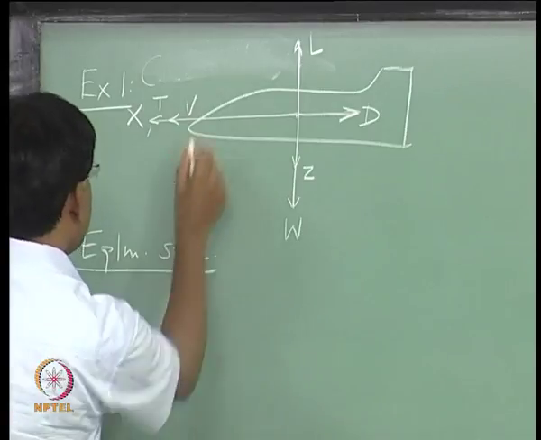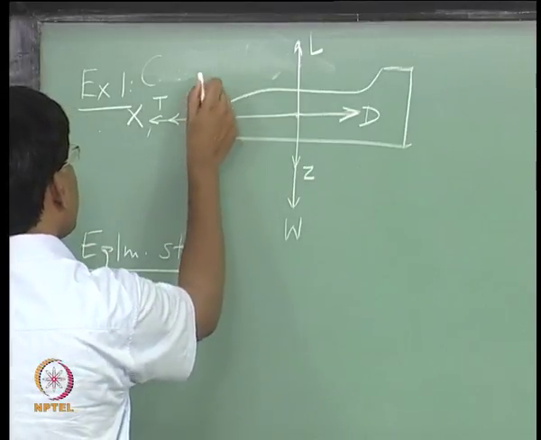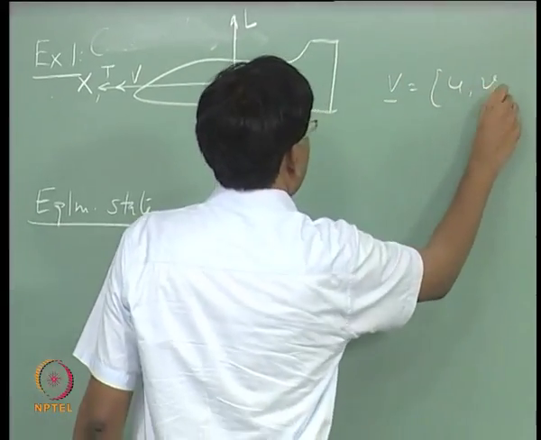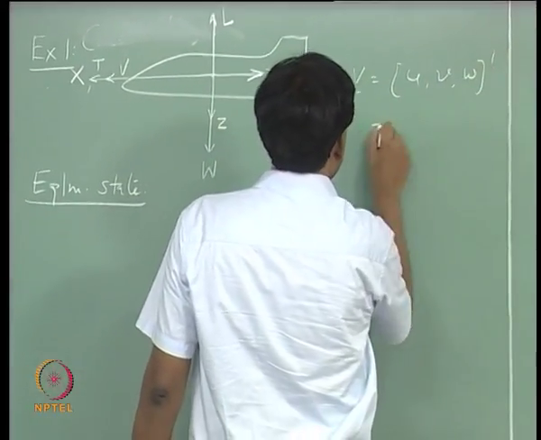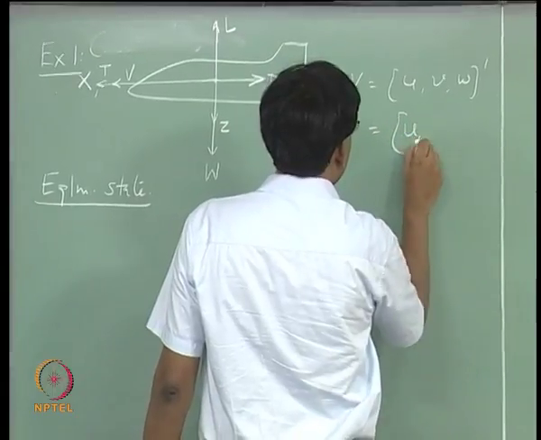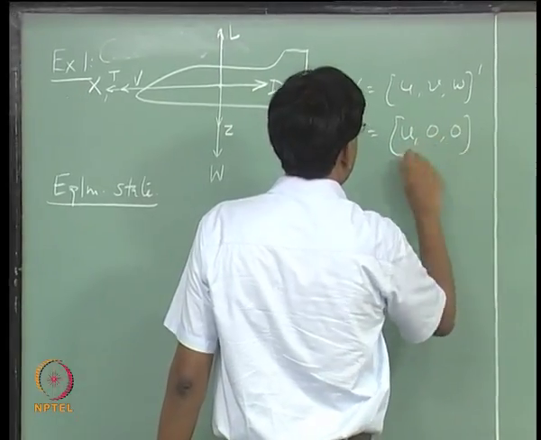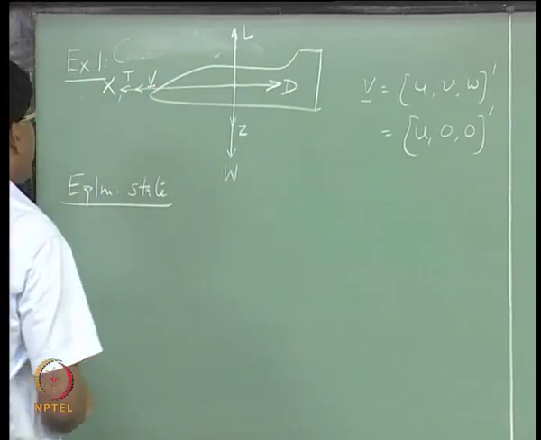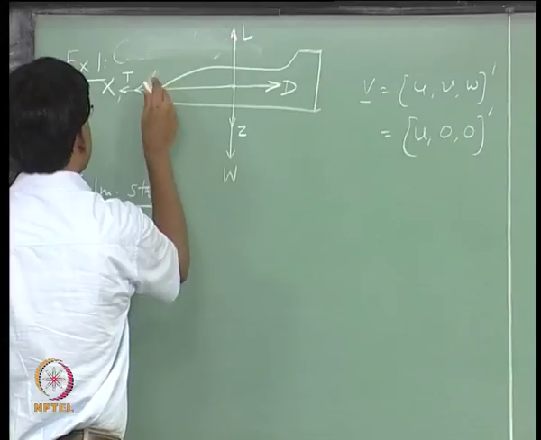If I say u is the forward velocity, this velocity vector is, or we can just write this as, u.